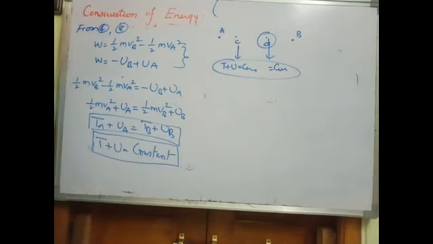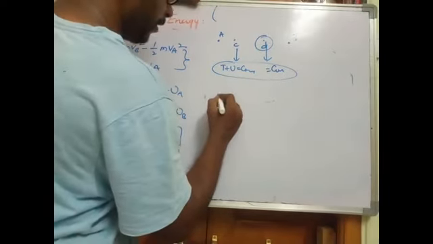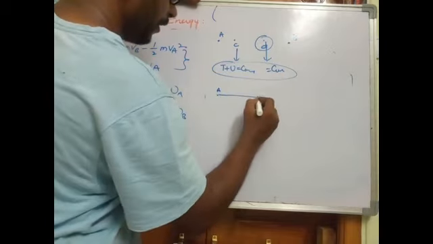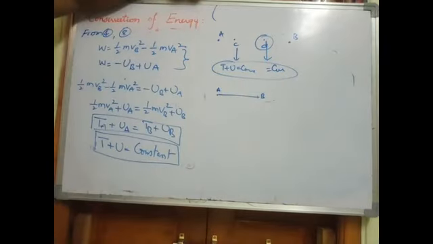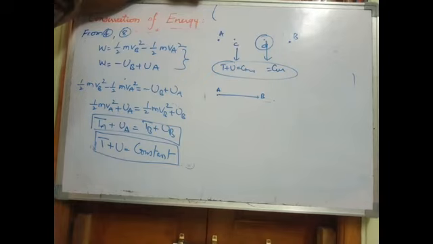That should be in a conservative field. So in a conservative field, if a particle moves from A to B, the sum of kinetic and potential energy remains constant.